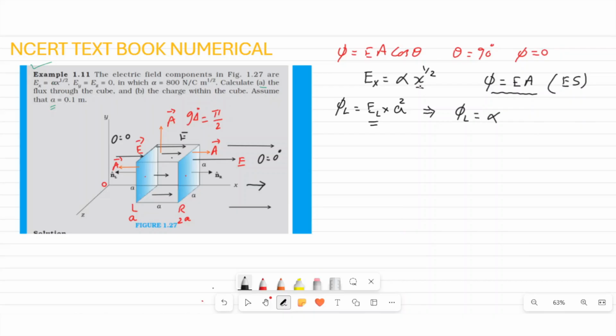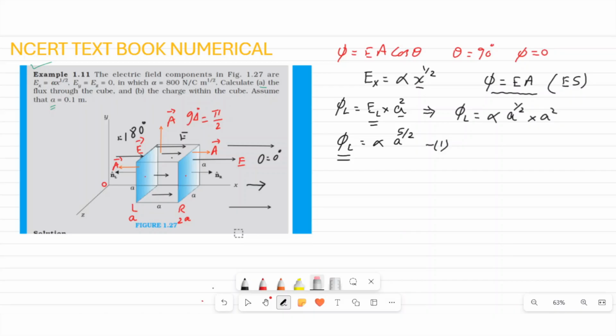See here, electric field is opposite to area vector. So theta is 180 degree. So the angle between electric field and area vector in this case is 180 degree.